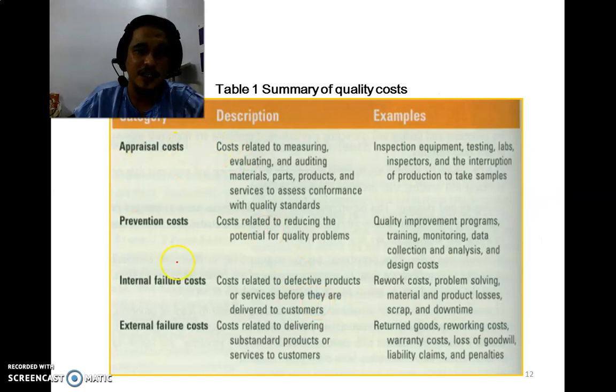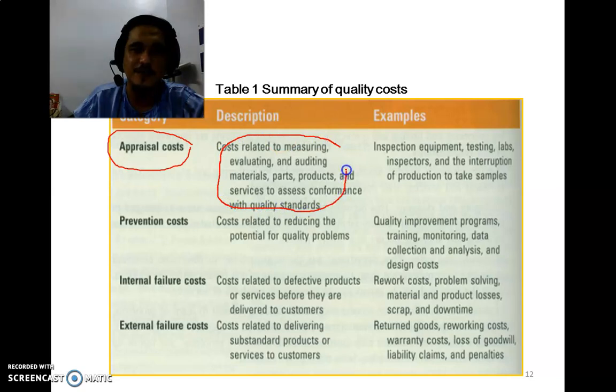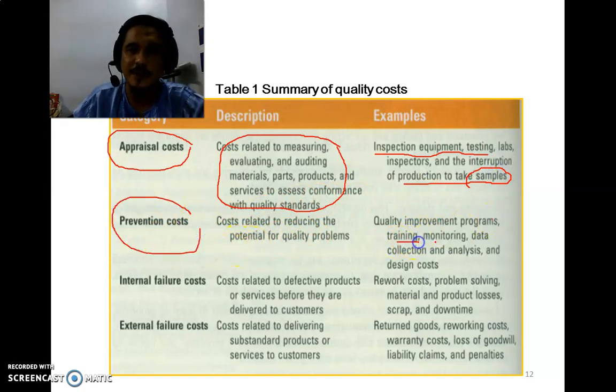So in overall, costs of quality can be divided into four categories. Appraisal costs are related with measuring, evaluating, and auditing materials, parts, products, and services to assess conformance. Examples are inspection of equipment, testing, lab, inspector, and the interruption of production to take a sample. Prevention costs relate with reducing potential quality problems: quality improvement program, training, monitoring, data collection, analysis, and design costs.